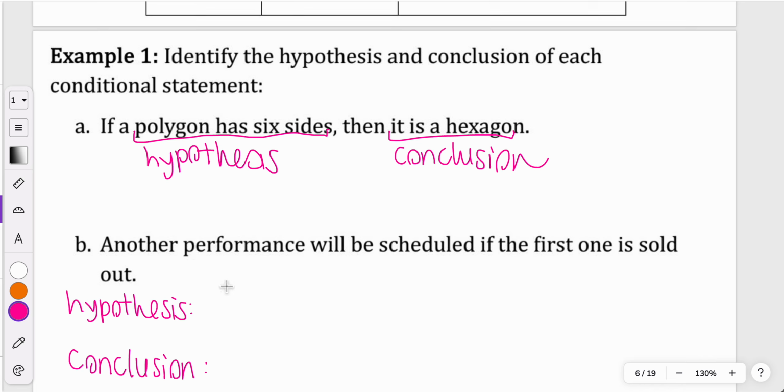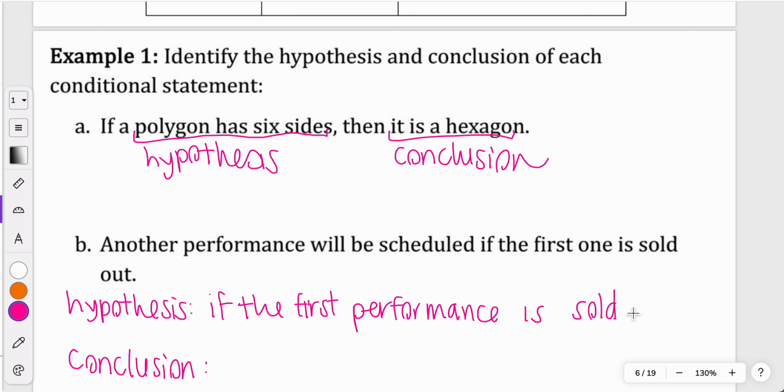If the performance is sold out, that is going to have to happen first. So the hypothesis will be if the first performance is sold out. Because you need to think about what's the cause here. Okay? The effect or the conclusion would be another performance will be scheduled.